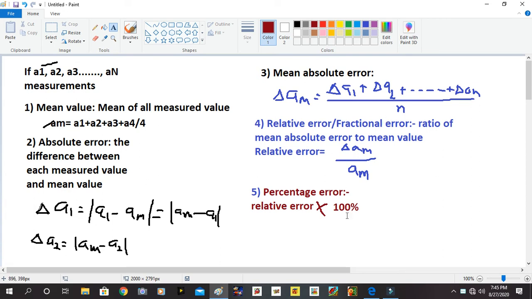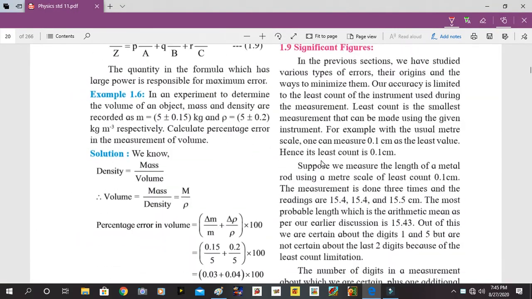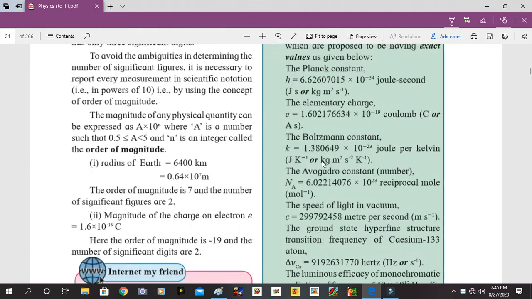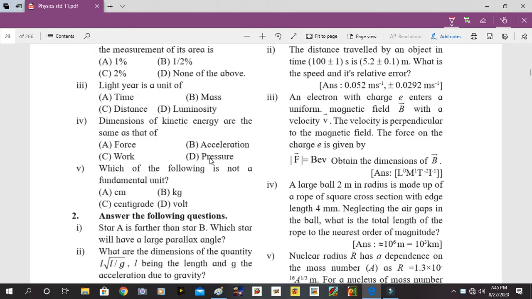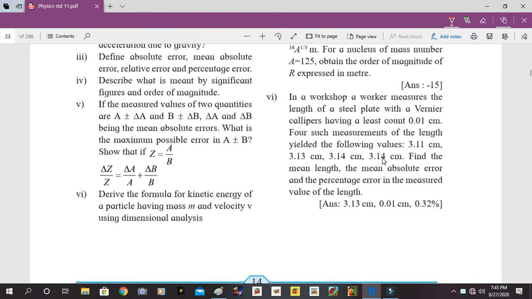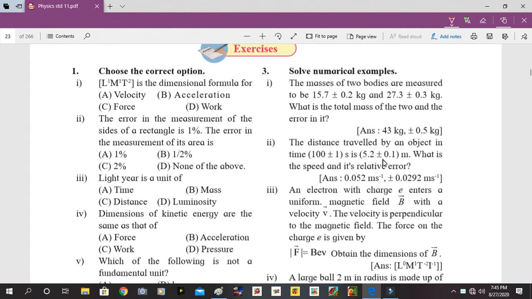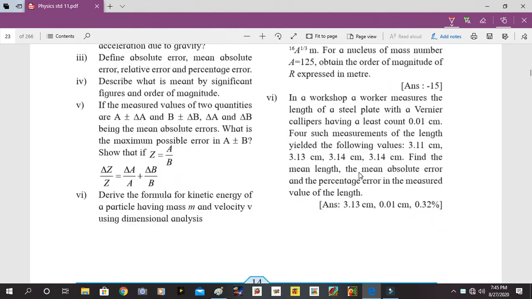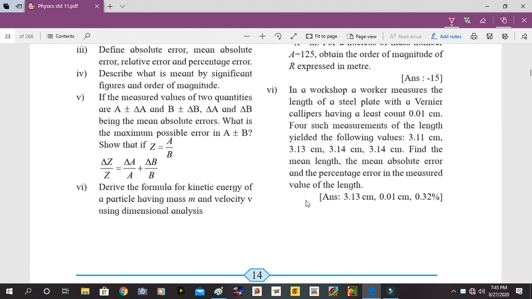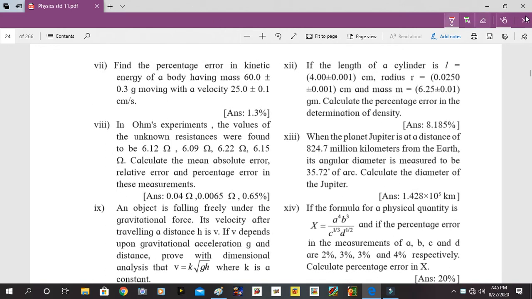Examples of this are given in the textbook. You have to complete those examples, and it is very simple to find out the amount of error present in the given calculation. We'll just consider a simple example. Say example number 8.